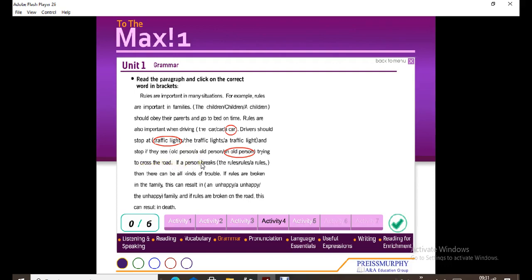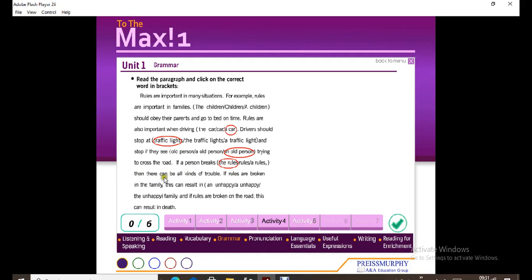If a person breaks, it means did not follow the orders. If a person breaks, for example, the rules, I talked about these before, or they are mentioned before, so I'm going to choose the rules.